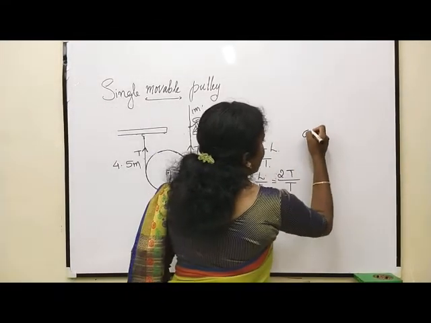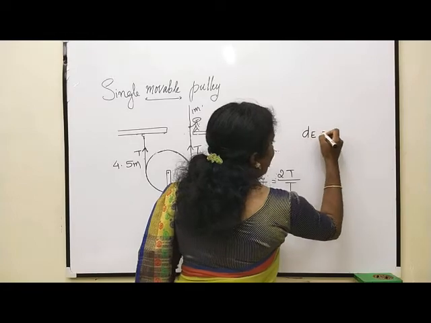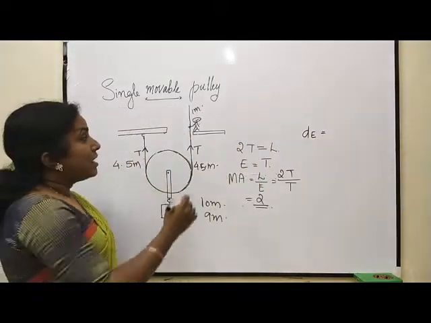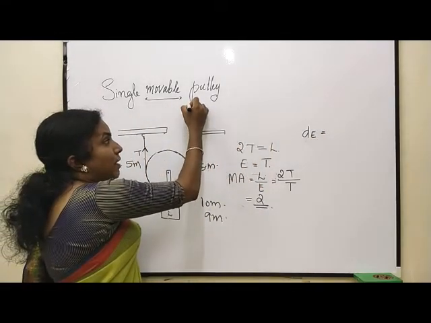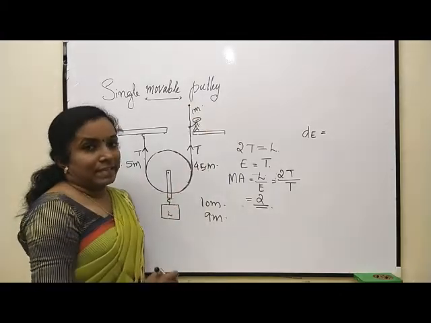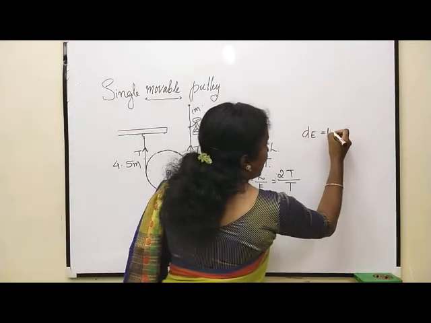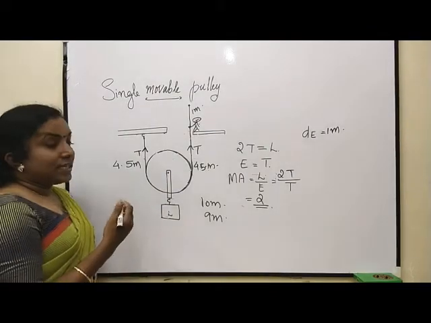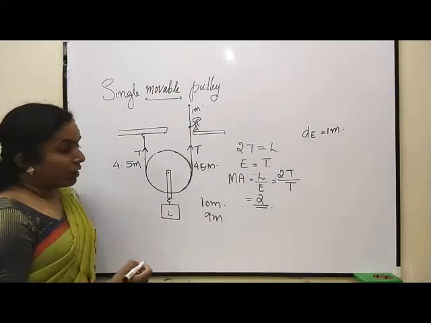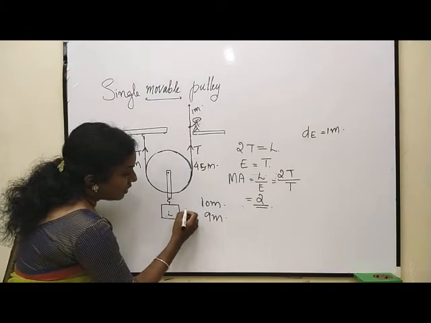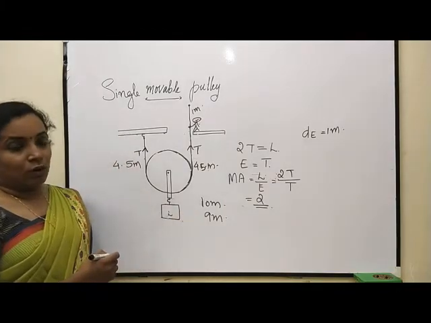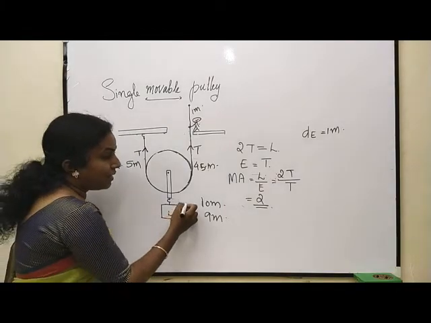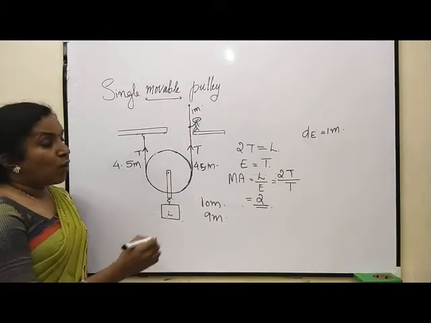The displacement traveled by the effort. That is, the effort point is moved by 1 meter. So the displacement traveled by the effort is 1 meter. And the displacement traveled by the load, it was 5 meter below. Now it is lifted by 0.5 meter.